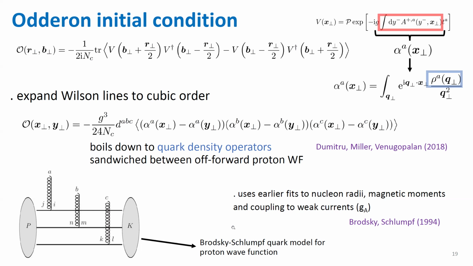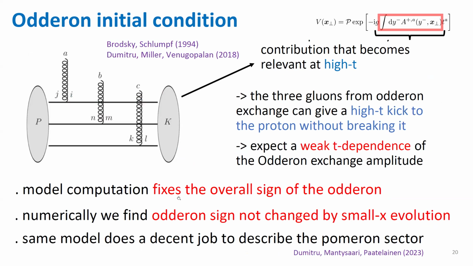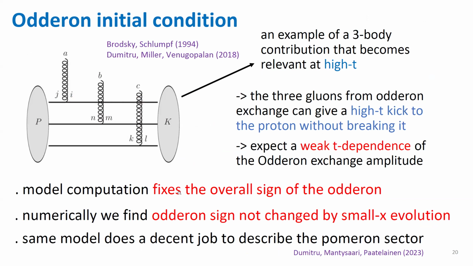So we are using these quark model wave functions for the proton, and this is how we generate the bare Odderon, let's say. Of course, there are many ways to connect these gluons, but this particular diagram is interesting.